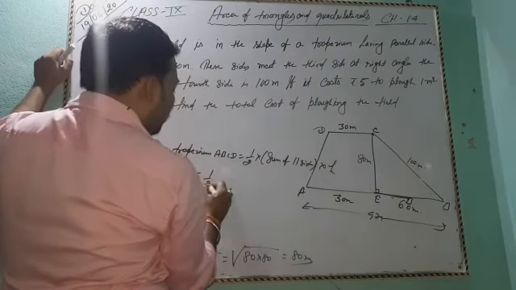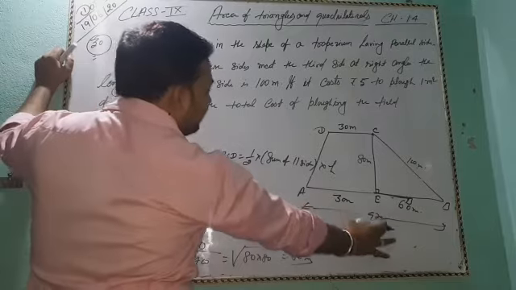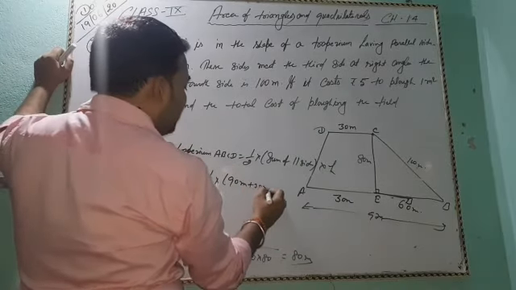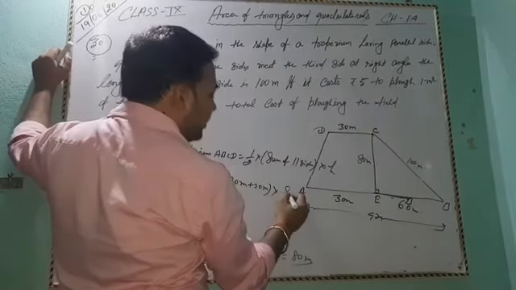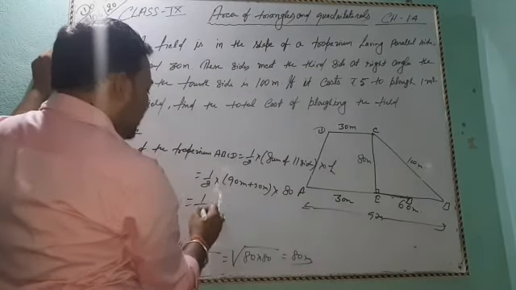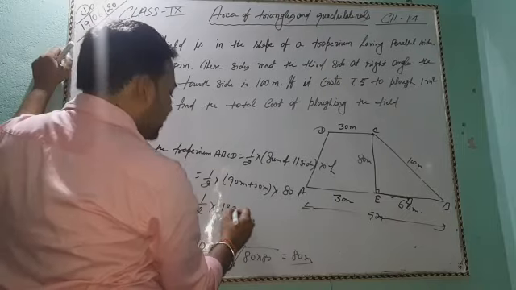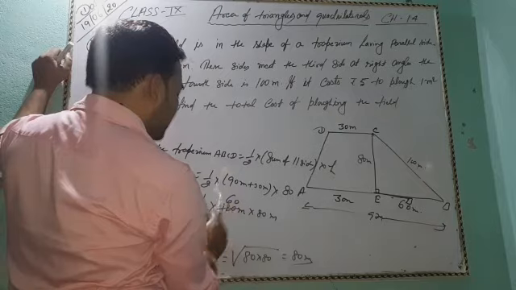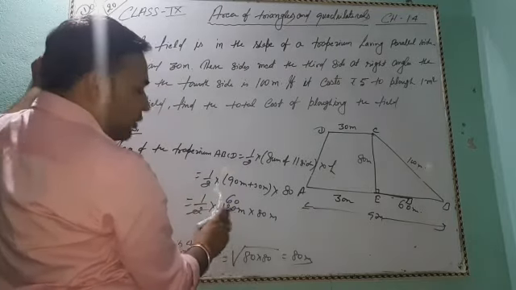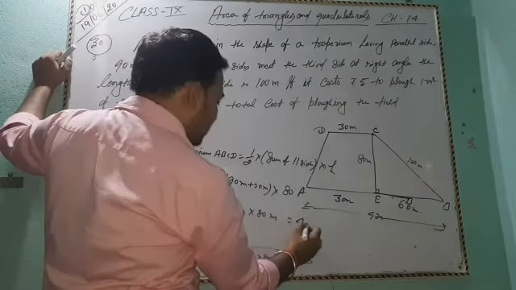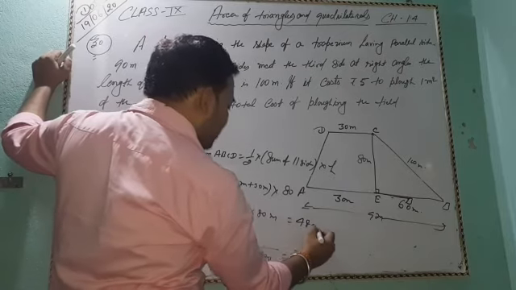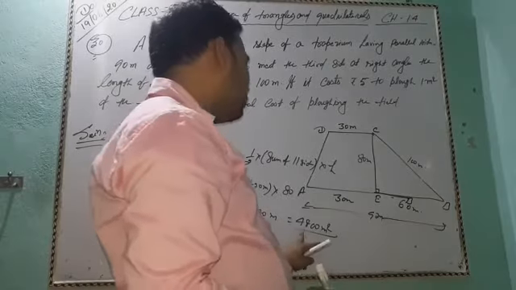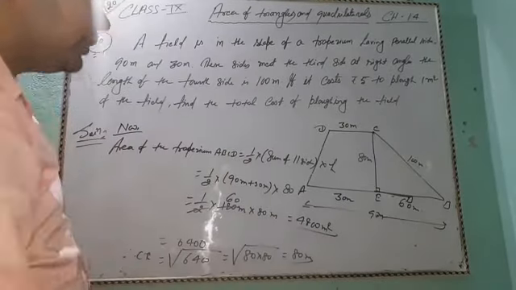So 1 by 2 into sum of parallel sides 90 meter plus 30 meter and height is 80 meter. So 1 by 2 multiplied by 120 meter multiplied by 80 meter, 60 into 80 equal to 4800 meter square. So area of the trapezium ABCD equal to 4800 meter square.